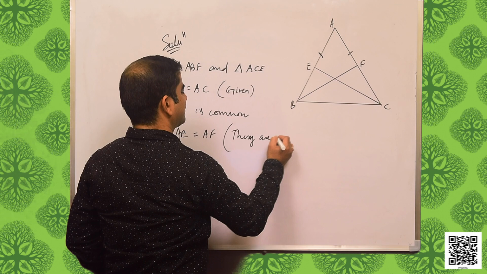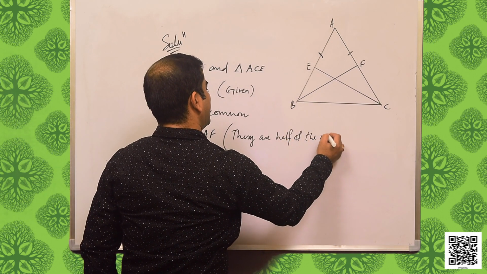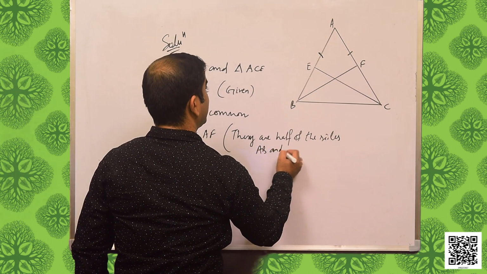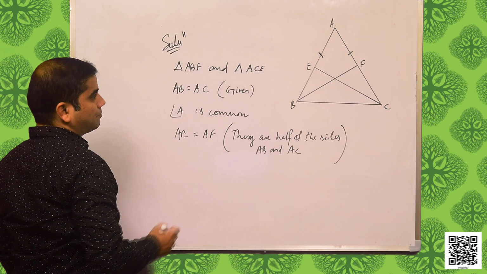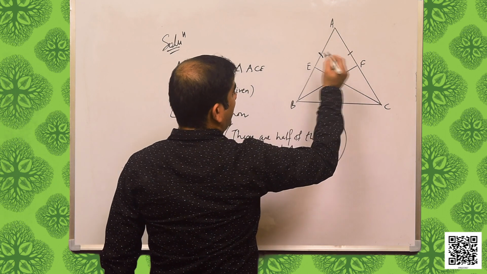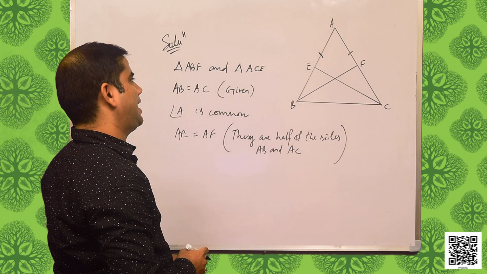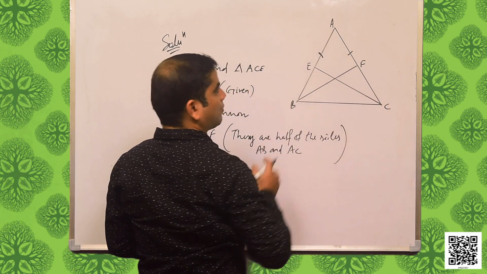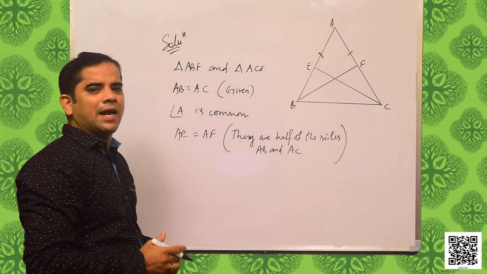they are half of the sides AB and AC. Fine. So, now we have AE and AF equal to each other, AB and AC equal to each other, and angle A is a common angle.